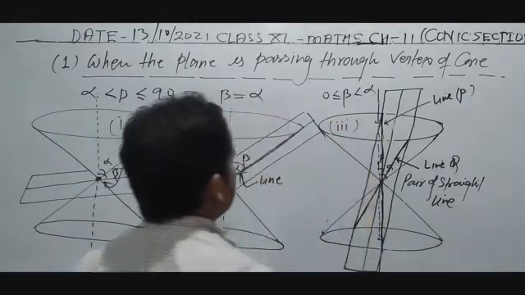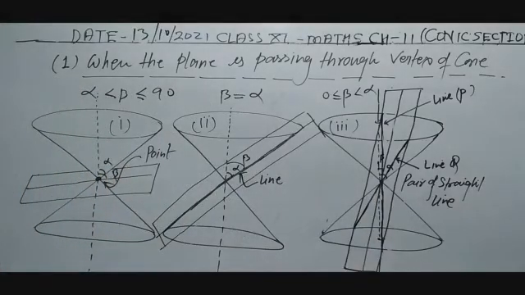Here alpha is the semi vertical angle, and beta is the angle between the plane and the fixed line, or axis of the cone. Now the plane is passing through the vertex, and you will see three cases: beta greater than alpha and less than 90, beta equal to alpha, and beta greater than or equal to 0 and less than alpha.